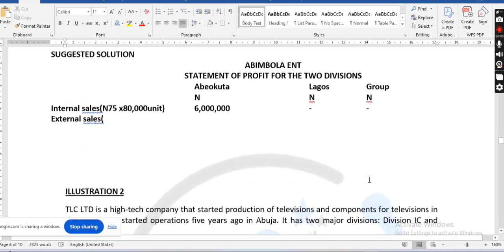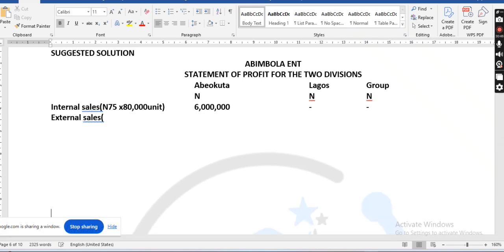Now let's do a small calculation here. Workings, right? So capacity, maximum capacity for Abeokuta, 200 units, right?